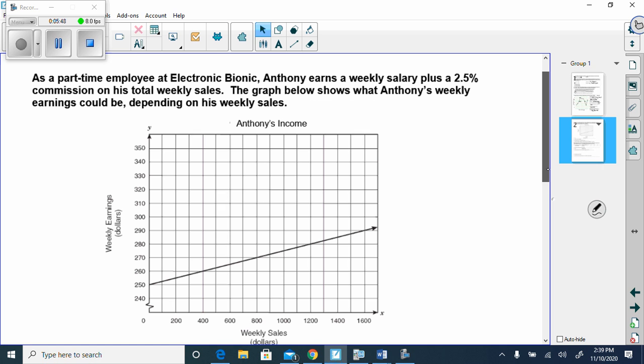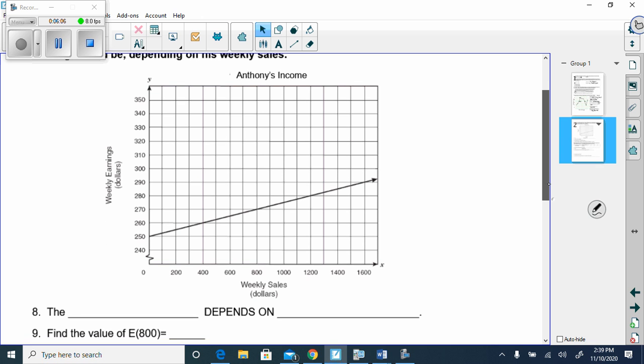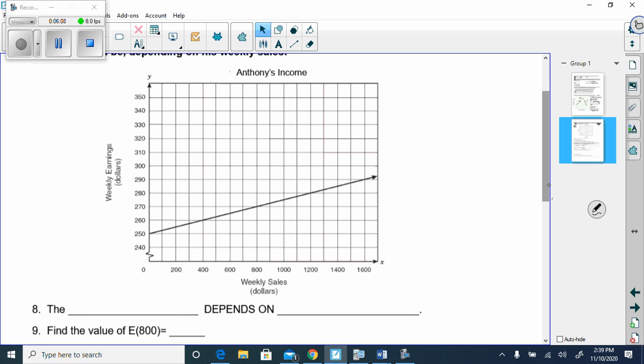Okay. It says, as a part-time employee at Electronic Bionic, Anthony earns a weekly salary plus 2.5% commission on his total weekly sales. The graph below shows what Anthony's weekly earnings could be depending on his weekly sales. All right, so then it wants us to fill in what depends on what.